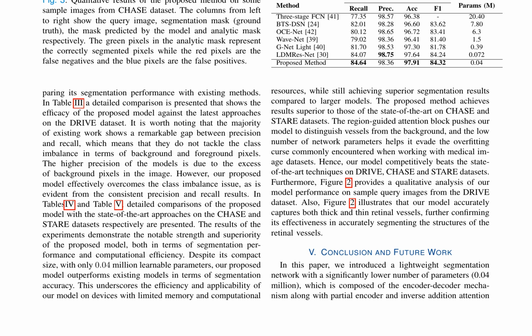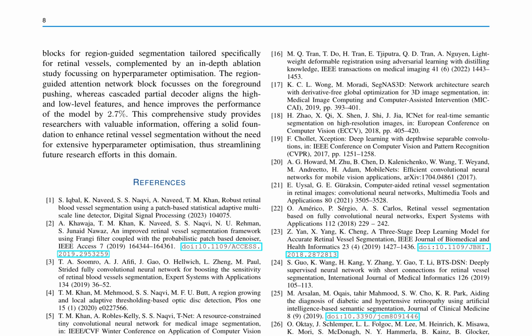A qualitative analysis of the model's performance on sample query images from the DRIVE dataset is also provided. This work significantly contributes to the advancement of medical image processing and holds potential applications in the field of ophthalmology. In this study, we present a comprehensive investigation on region-guided segmentation for retinal vessels, complemented by an in-depth ablation study centered around hyperparameter optimization.